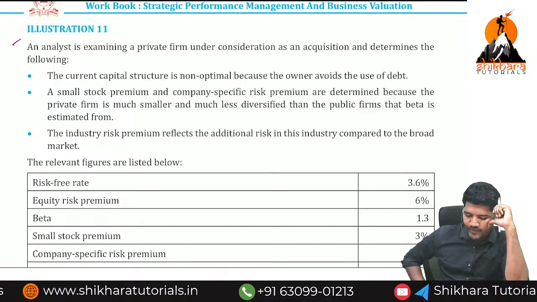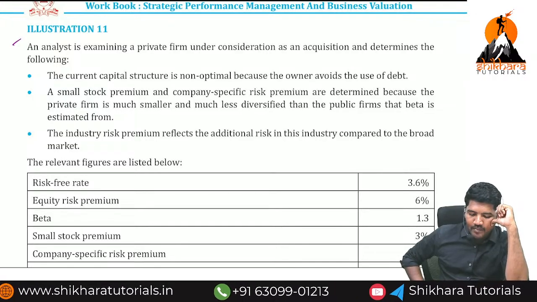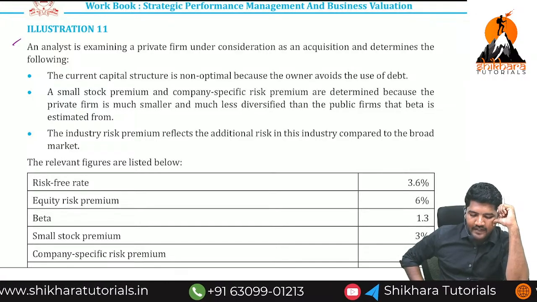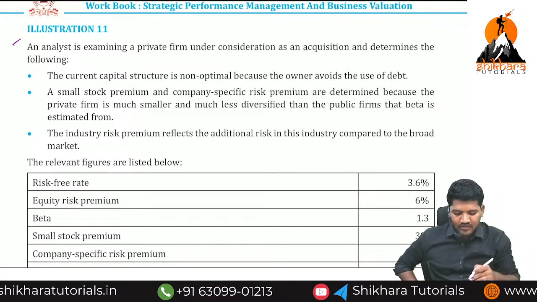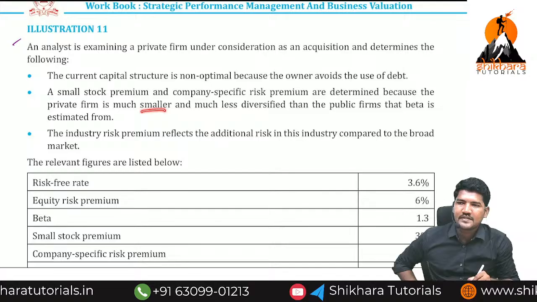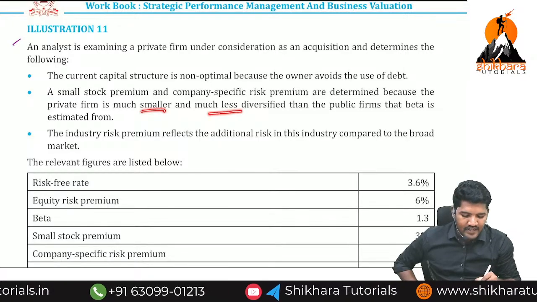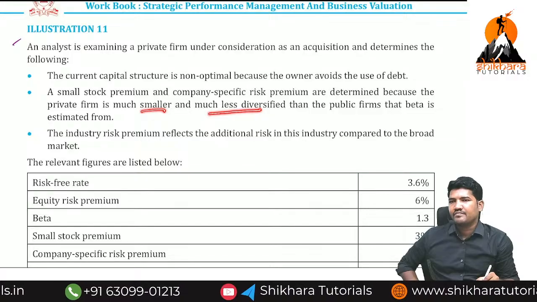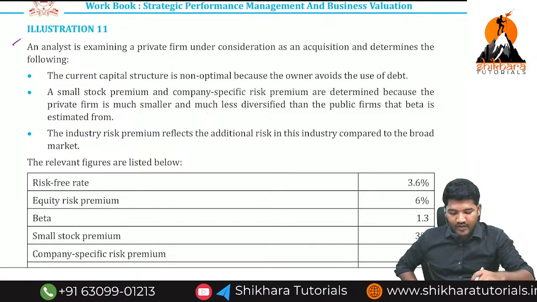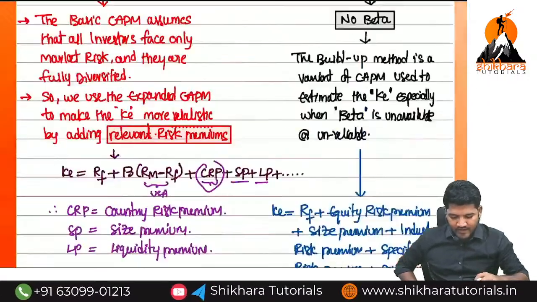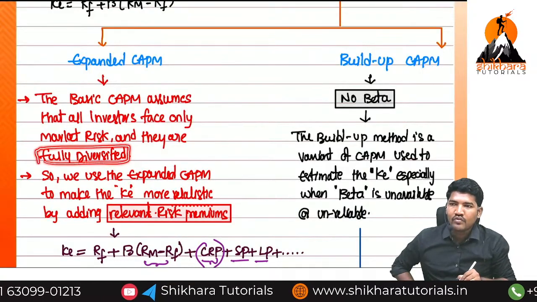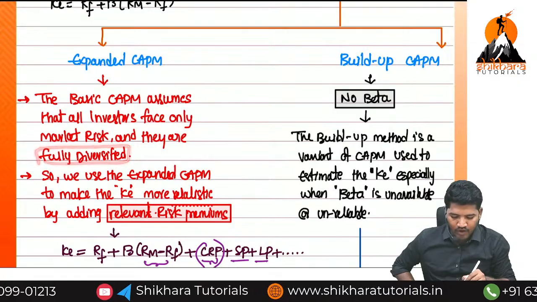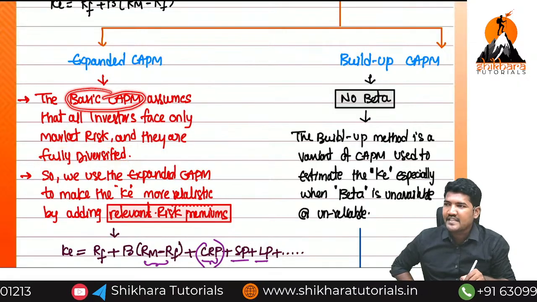Now, what about point 2? A small stock premium and company-specific risk premium are determined because the private firm is much smaller. What does small mean? Small capital, much less diversified. If it's fully diversified, you use basic CAPM.